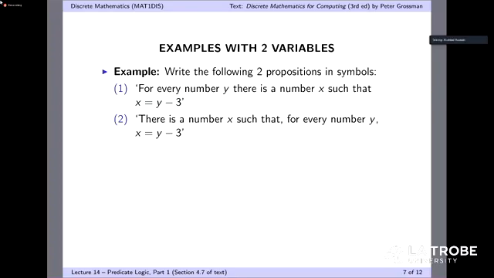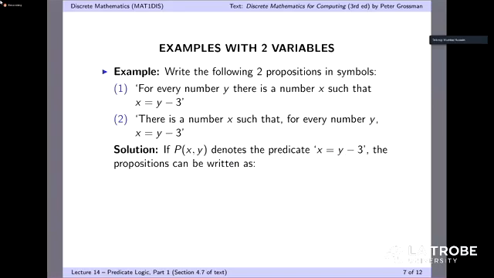Yeah, probably I was wrong. No, I was right. Absolutely right. There is a number x such that for every number y. So you can do that. So let's look at this. How are we going to put that?